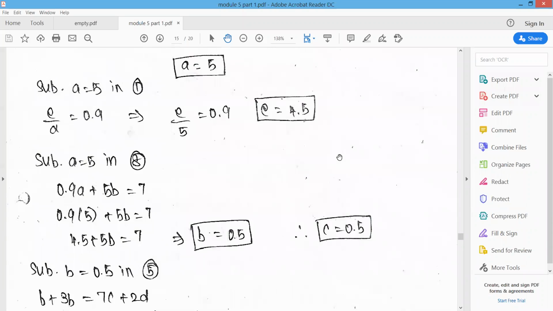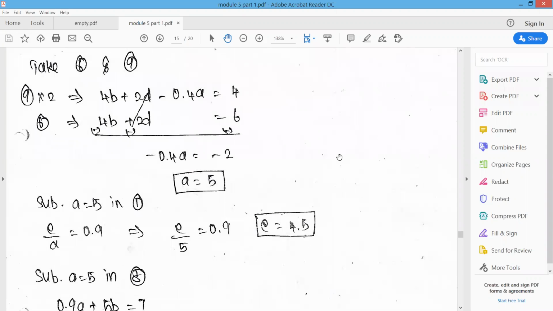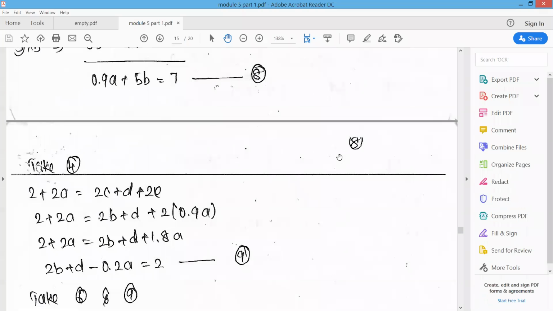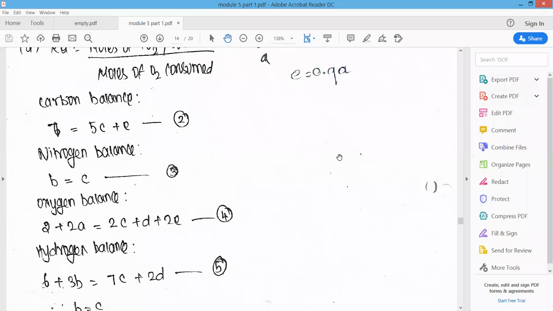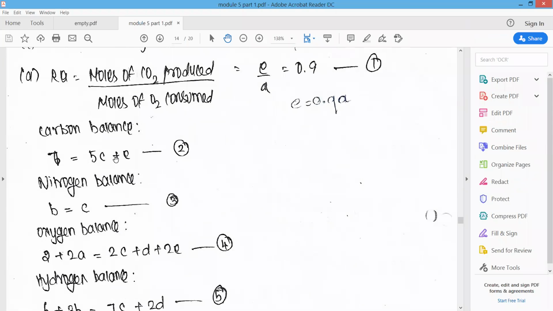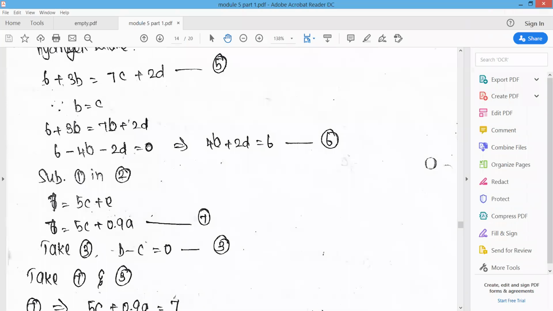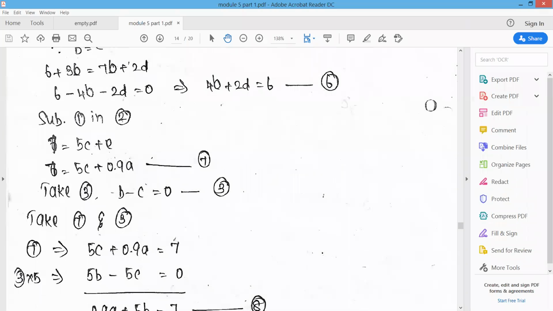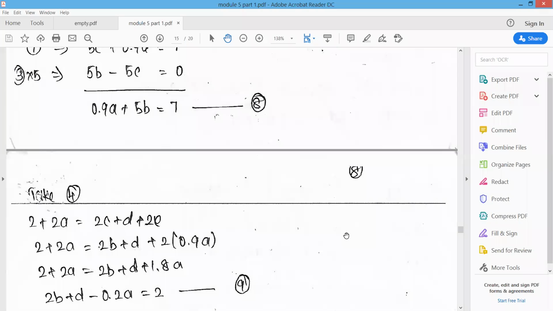Just go through and solve the problem, you will understand very clearly. That's why I'm not explaining in great detail. You write the balancing, then substitute and solve all the equations and find the stoichiometric coefficients.